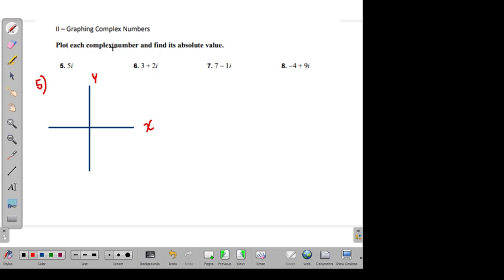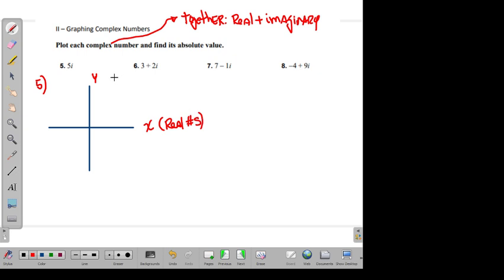But this is not your regular x-axis and this is not your regular y-axis because you have complex numbers. And if you remember, a complex number is when you have together, what do you have together? Real plus imaginary. So this x and y axis has to have both. The x-axis is the real numbers and the y-axis is the imaginary numbers. Yes?